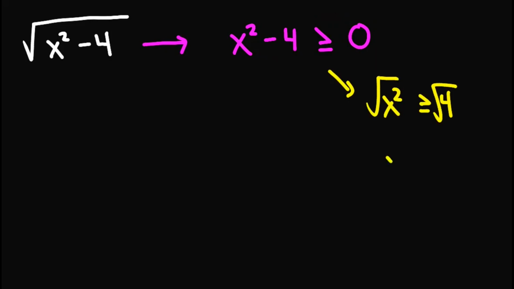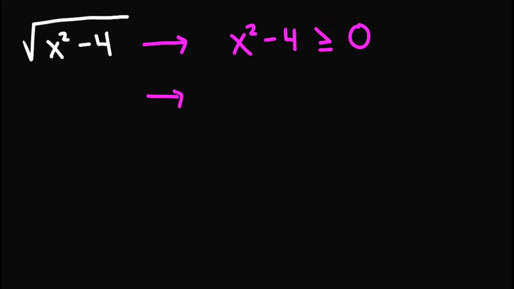We'll obtain the absolute value of x is greater than or equal to 2. But since we haven't really dealt with absolute value inequalities, we won't go on to that one. Instead, we'll try to factor this.